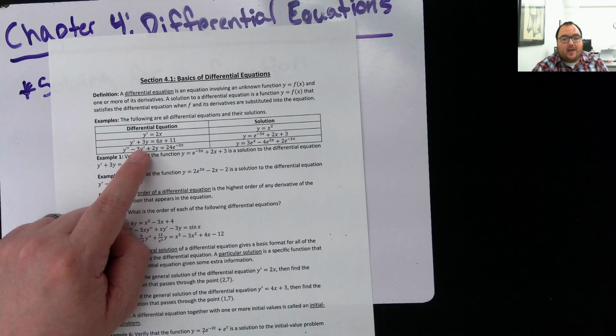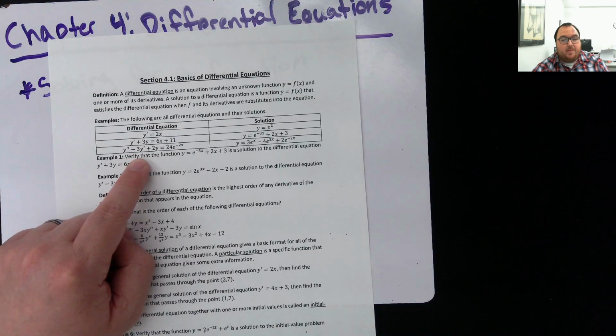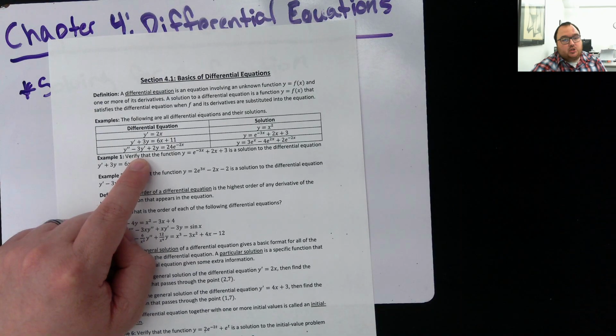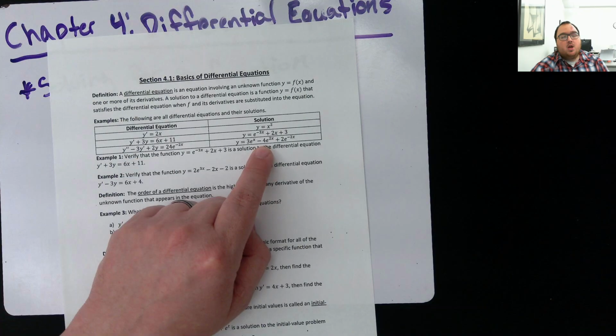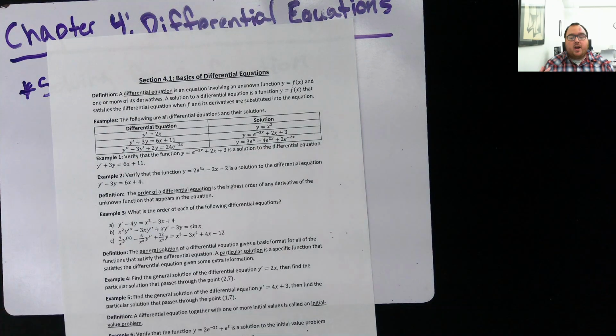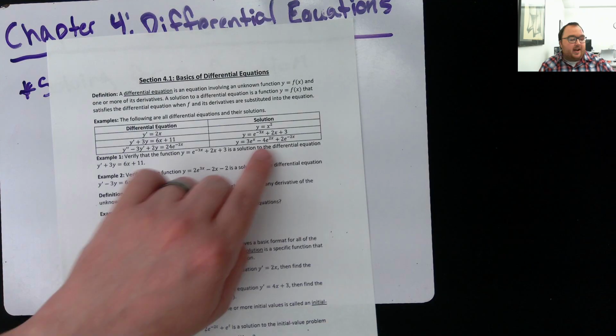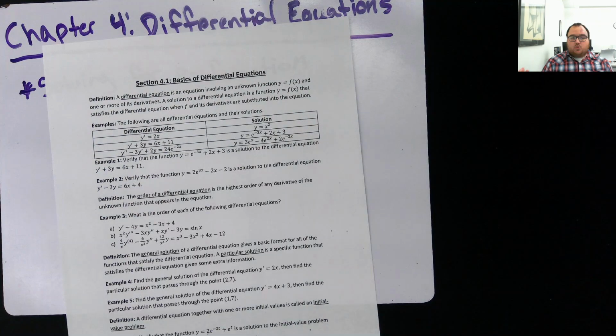Same thing over here, y double prime minus 3y prime plus 2y equals 24e to the negative 2x. The y that would work in there is this y over there. So what I want to focus on in chapter 4 is figuring out how to solve these things, right? How do I get from this equation over here, solve it for y, and get this? That's what I want to know, okay?